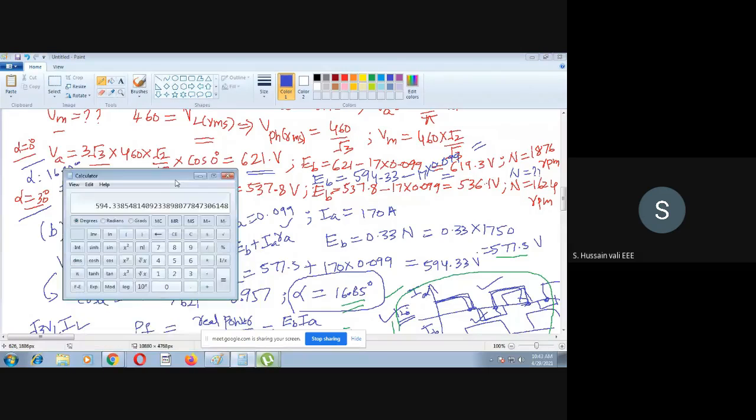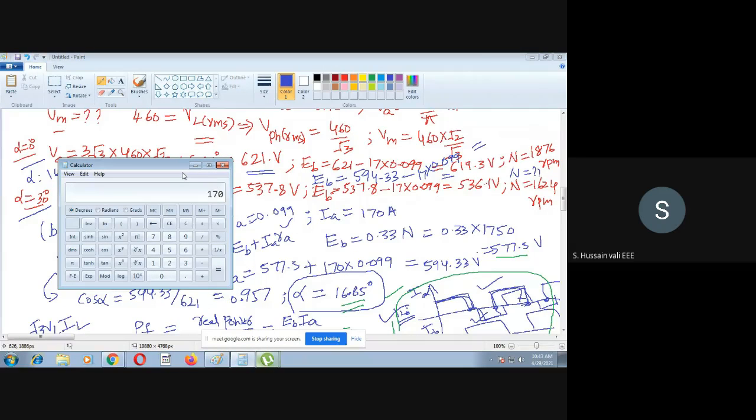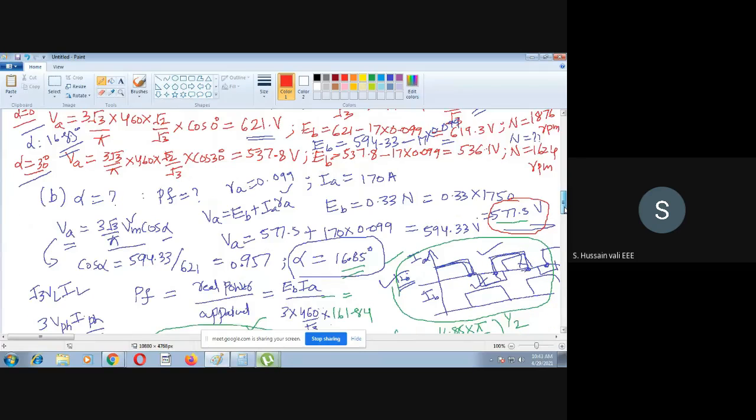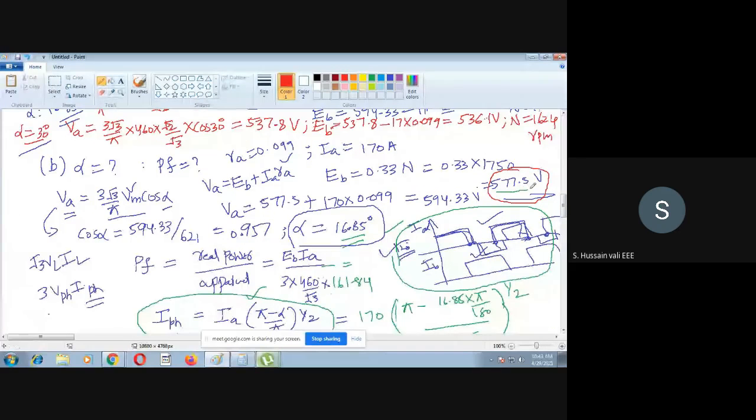Here 170 into 0.099, minus 594.33. See, you got 577.5. This we already got in part B. At which speed did you get this 577.5?